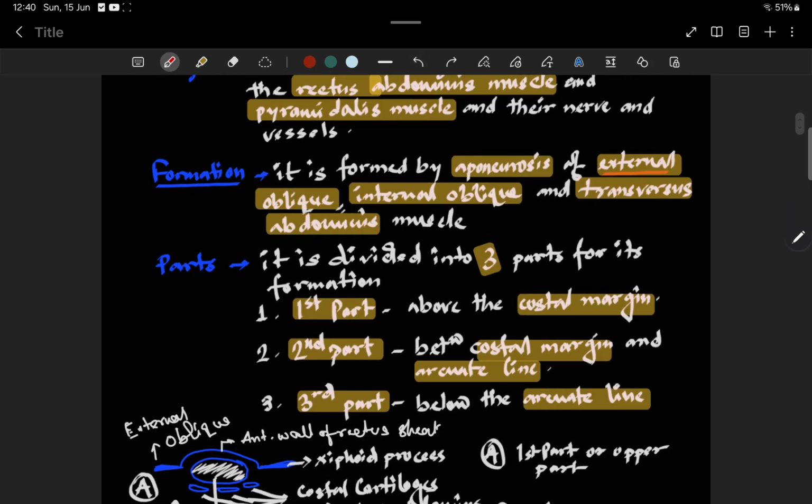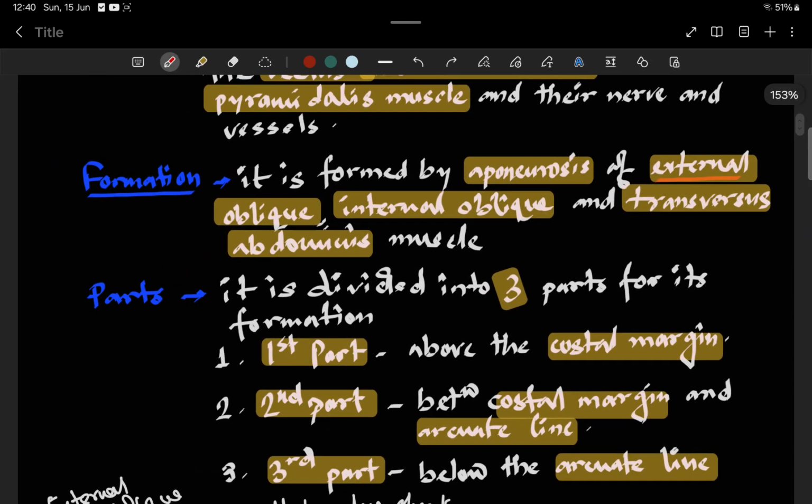which has parts. It is divided into 3 parts: upper part, middle part, and lower part. The first part or the upper part is above the costal margin, and the second part or middle part is between the costal margin and the arcuate line.